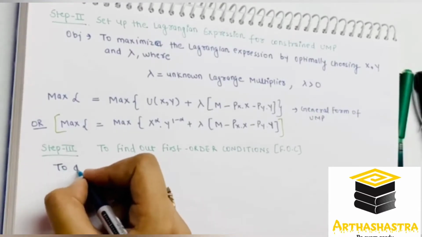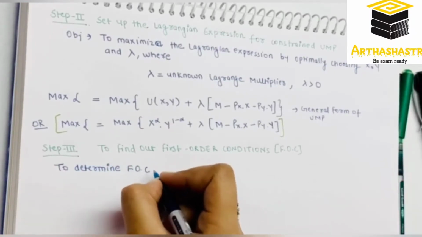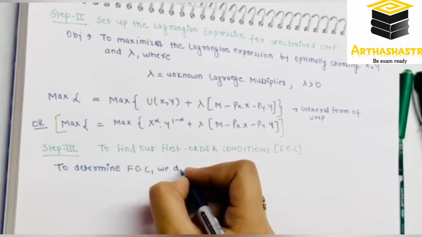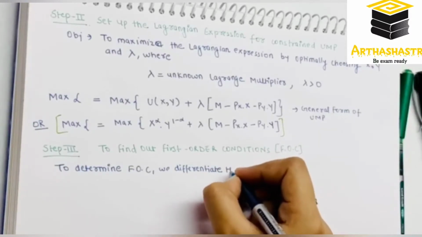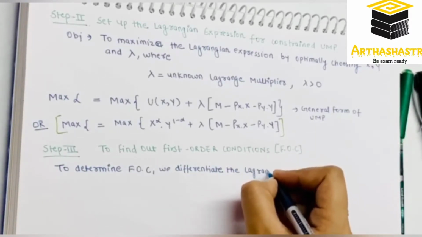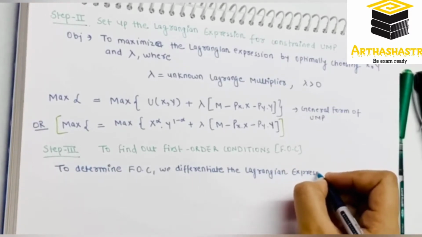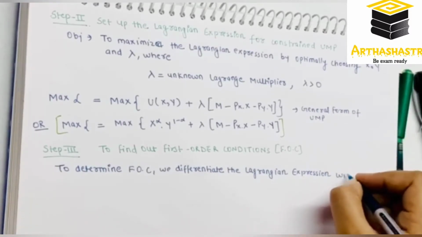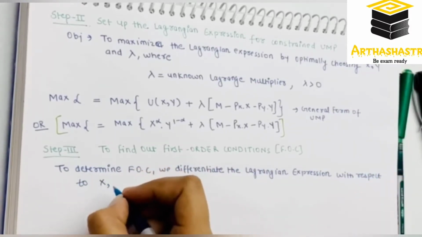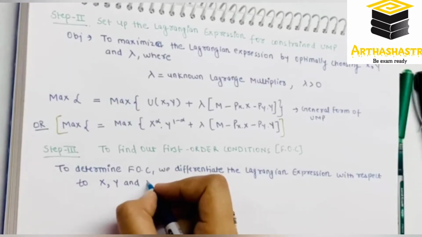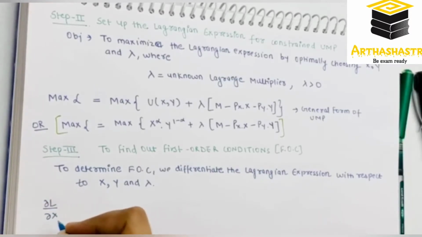First we write down, since presentation is important in your examinations: to determine FOC, we differentiate the Lagrangian expression with respect to x, y, and lambda. So del L by del x.